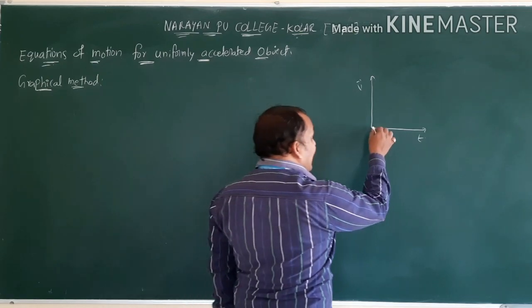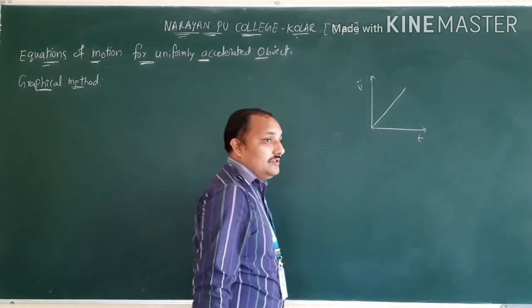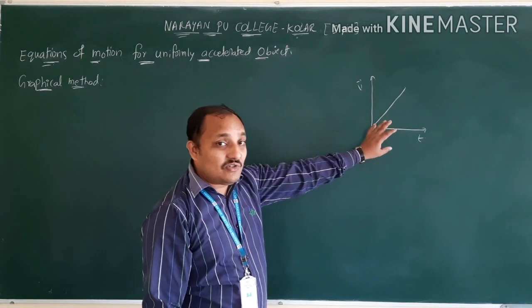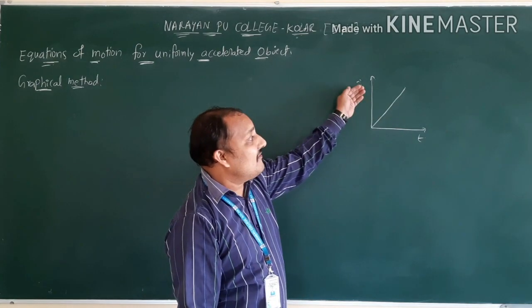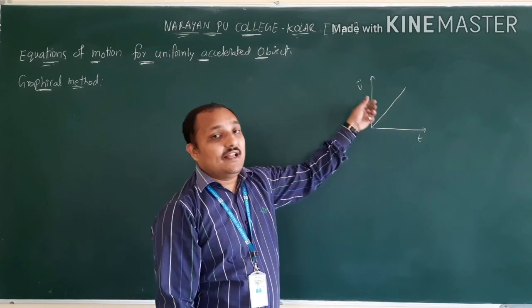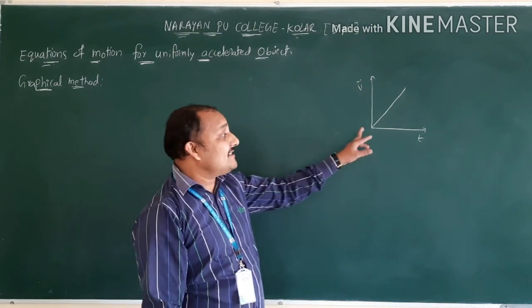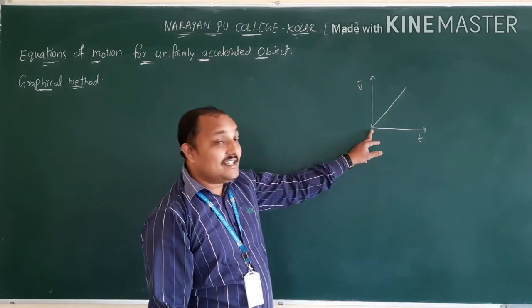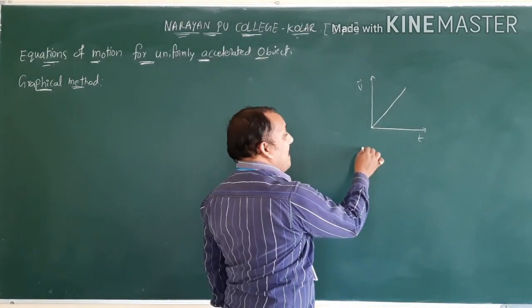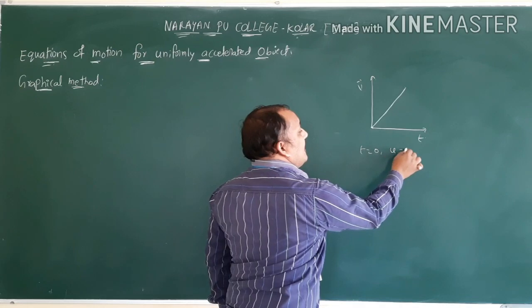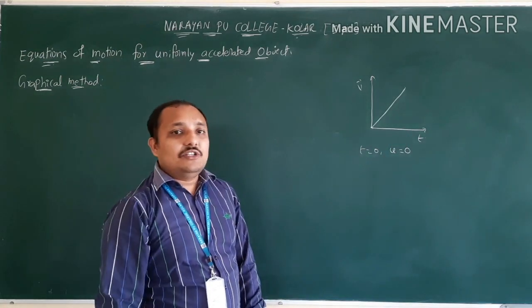We have drawn one line like this from the origin, isn't it? Now this object is moving with uniform acceleration, so the velocity time graph will come like this. What is its initial velocity? Here the initial velocity is 0, at time t is equal to 0.